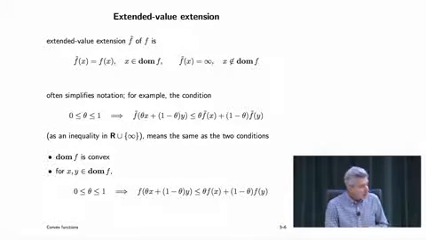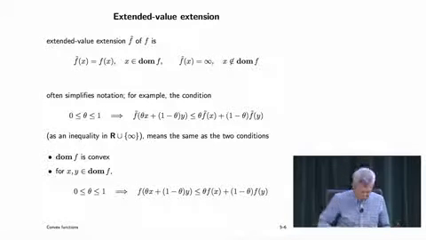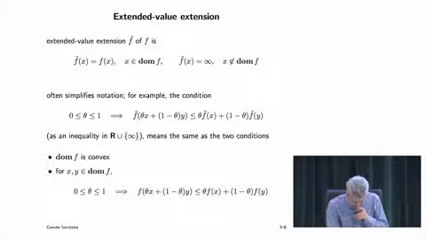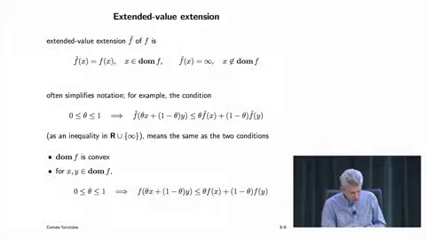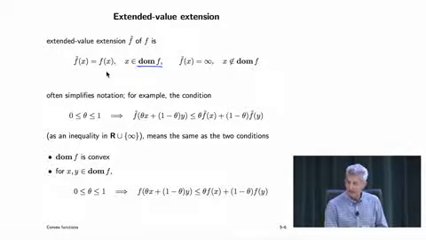Okay, now there's one other thing we're going to cover. It turns out when you're dealing with convex or concave functions, there is a very nice way that you can pull in the idea of the domain and define things over a bigger set to have extended values. So what you could do is take a normal function f, which has a domain, and has value f of x if x is in the domain.